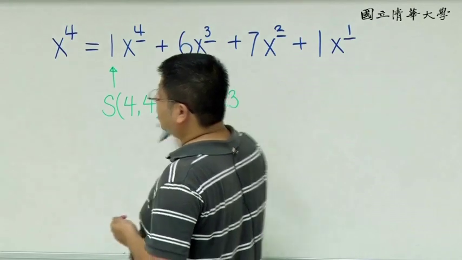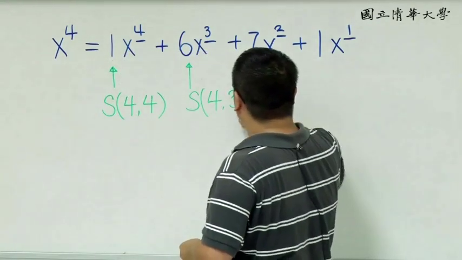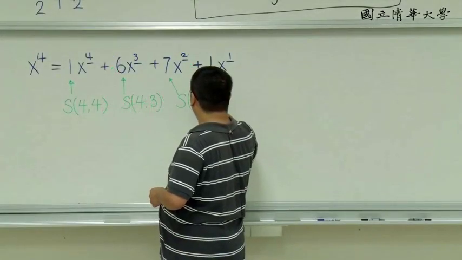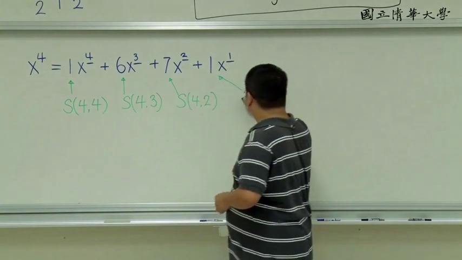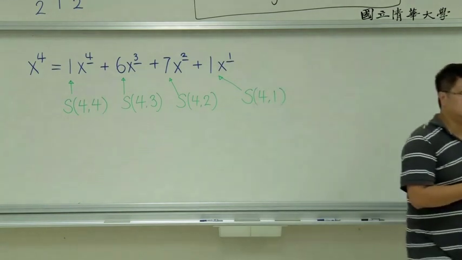Let me see. R, N, right? Yes. And this one, S(4,2). And then this one, S(4,1). Okay?